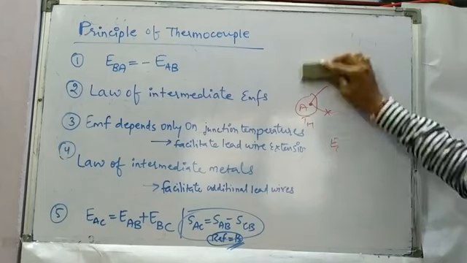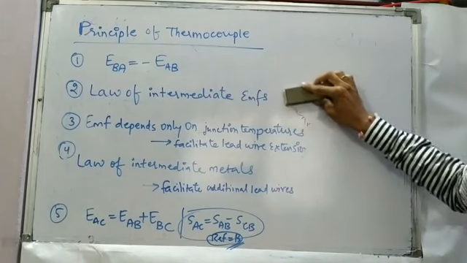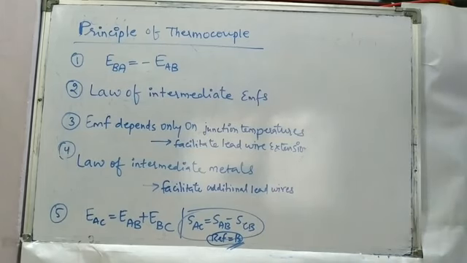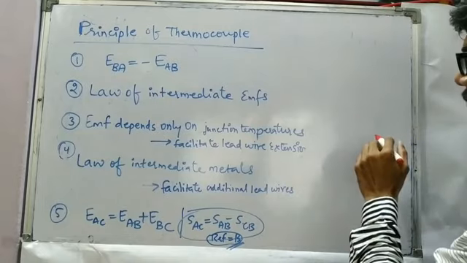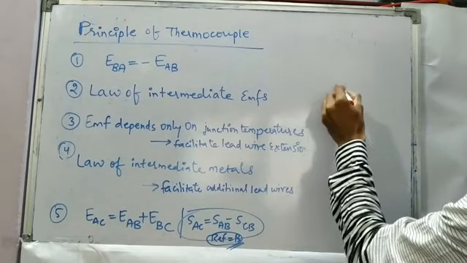And in the other case, the fourth one, law of intermediate metals, facilitates us to include additional lead wires.